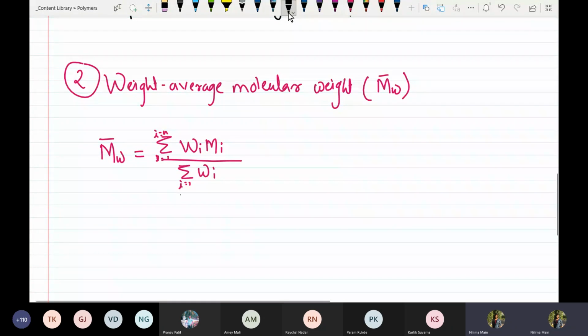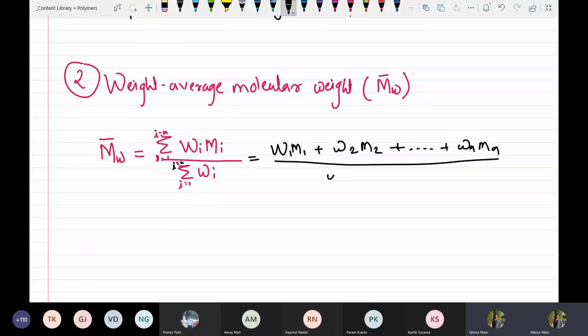This you can definitely expand. You can write, okay, let's first write like this. Till W9 M9 divide by W1 plus W2 plus till W9.